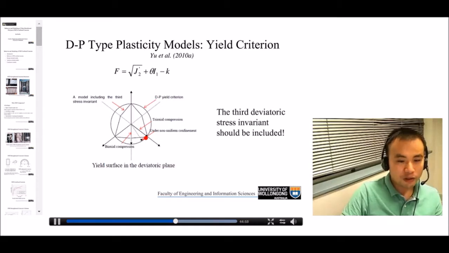However, based on the test results, we know that the J2 value for concrete under biaxial compression is normally much lower than that for concrete under triaxial compression, which means with the DP yield criterion, if you just calculate the theta value according to triaxial compression, you will overestimate the result for biaxial compression.